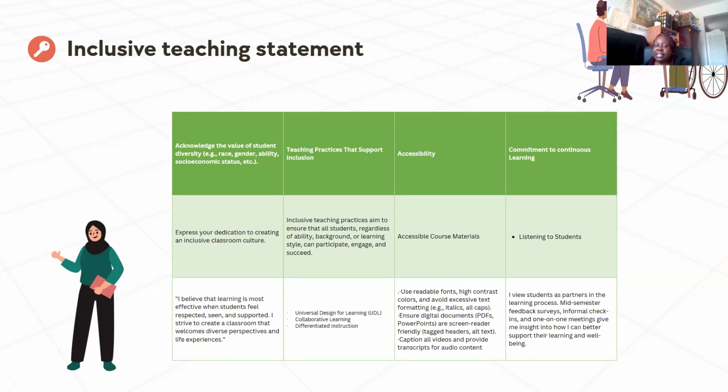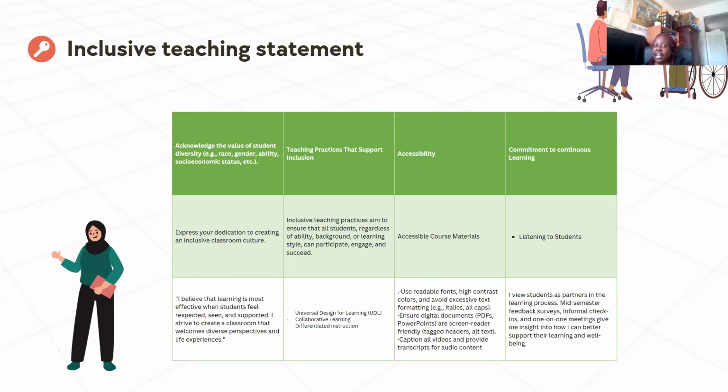Some of the examples of teaching that goes with inclusion are universal design, designing lessons from the start to be accessible to the students. One example is providing lecture notes in multiple formats. You can provide them in audio, visual, and text, so students with visual impairments or reading difficulties can still access content.